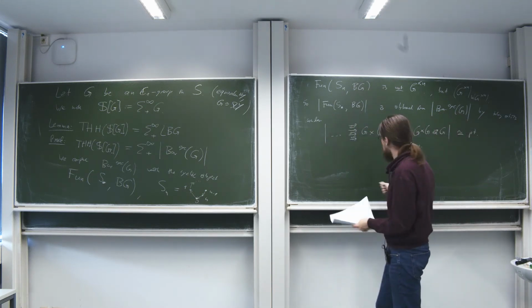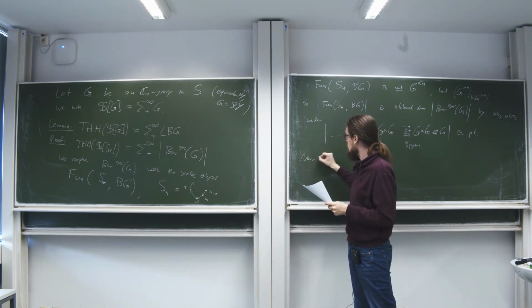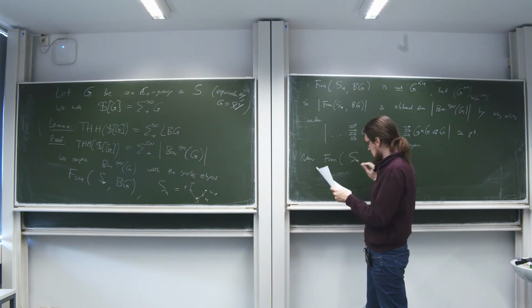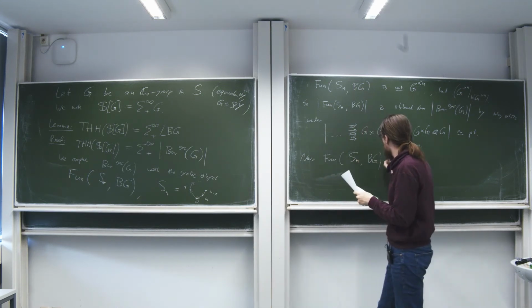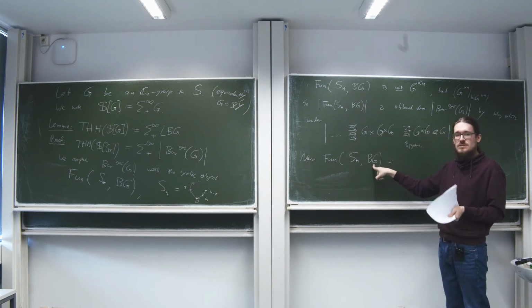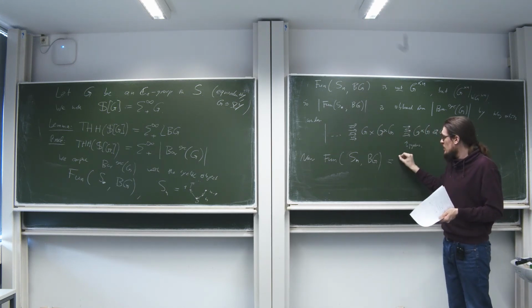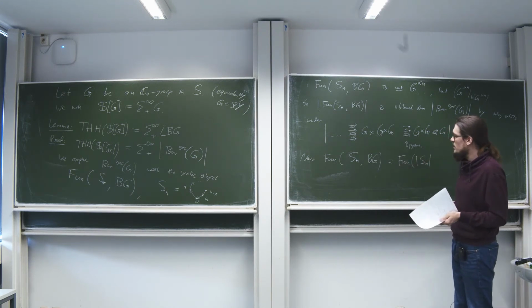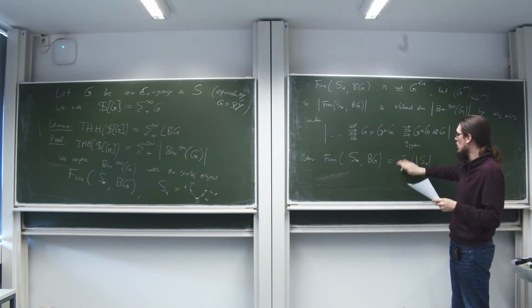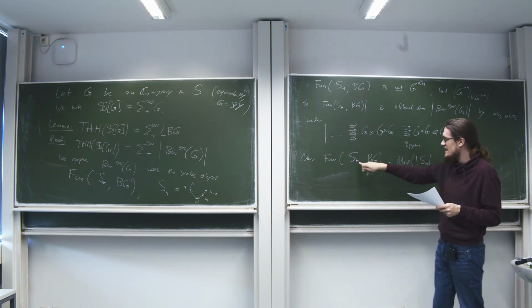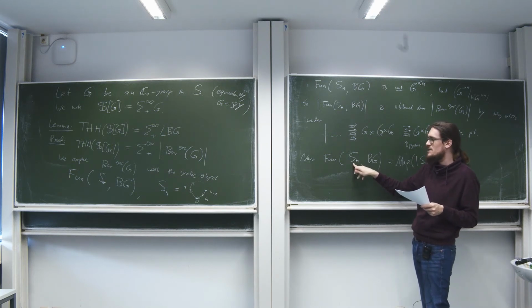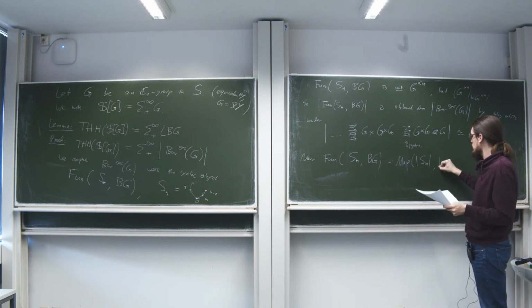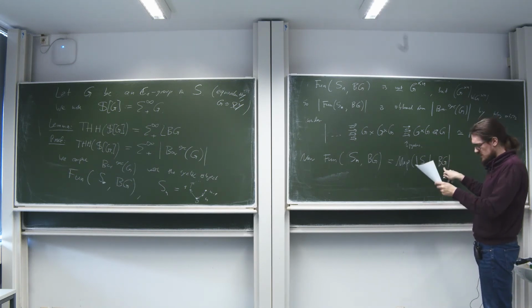Well, levelwise, Fun of Sn into Bg, since the target is a groupoid, this is the same as just maps from the Kan complex generated by this infinity category Sn. So I'm going to write that as geometric realization here into this.